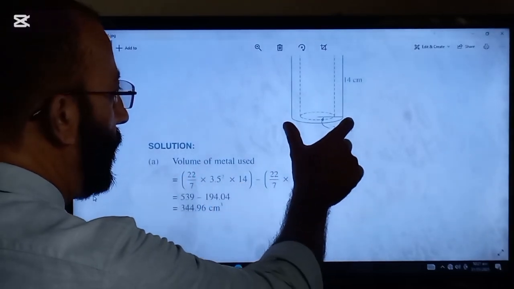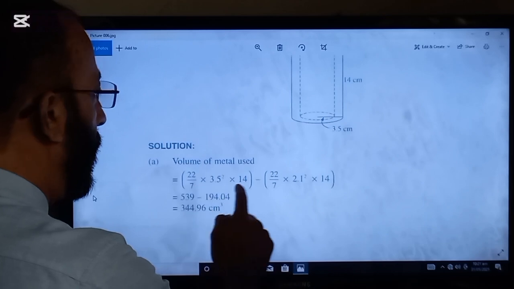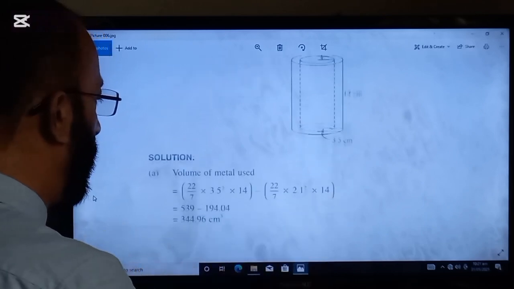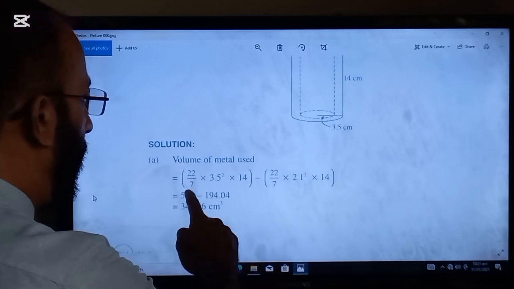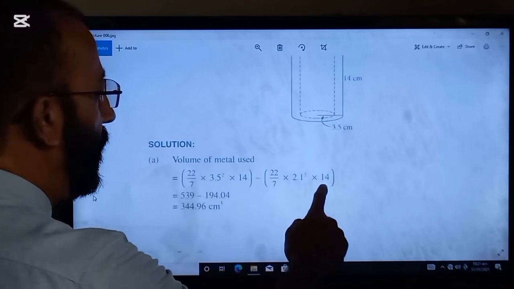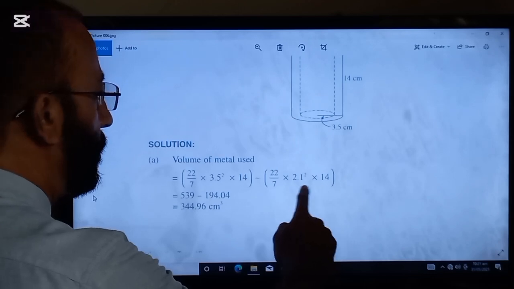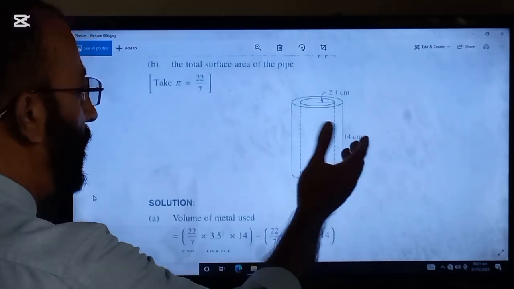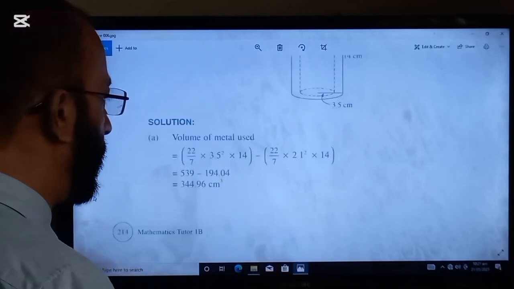So external cylinder minus internal cylinder. Internal cylinder's radius is 2.1. So pi R square capital H minus pi r square small h, small r, sorry, will give us the answer. Put these values into the formula, you will get the answer.